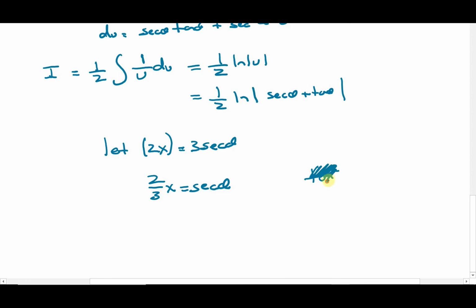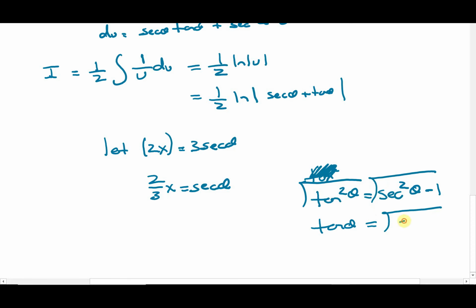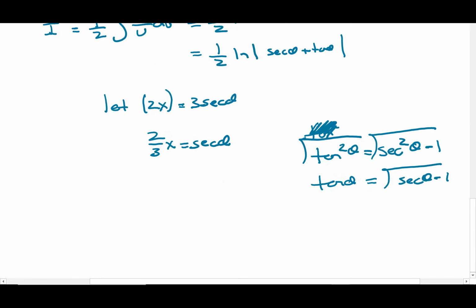We know that tan squared theta equals secant squared theta minus 1. So tan theta, if we take the square root of both sides, equals the square root of secant squared theta minus 1, which equals the square root of (2 over 3 x) squared minus 1.